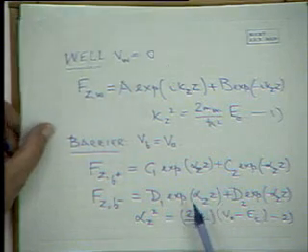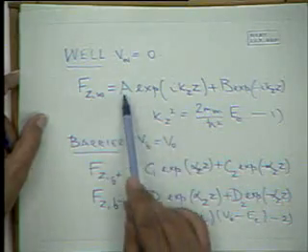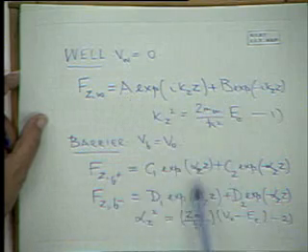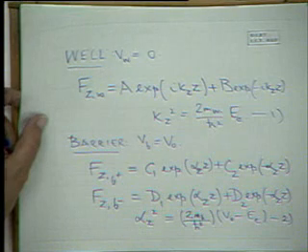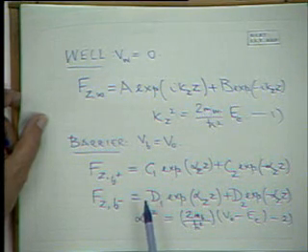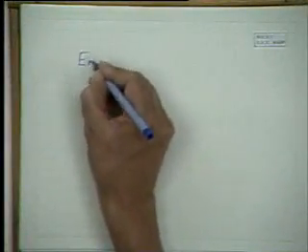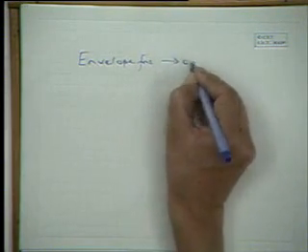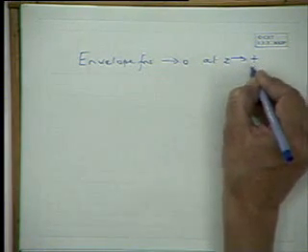So to solve the problem, determining the wave function, we have to find out the six unknowns: A, B, C1, C2, D1, D2. But we can simplify from the physical conditions because we know that the envelope functions must go to 0 at z going to either plus or minus infinity.